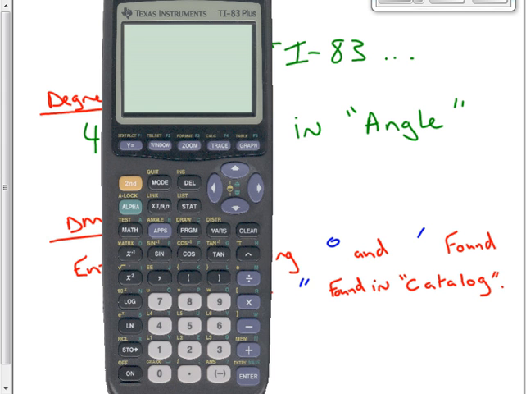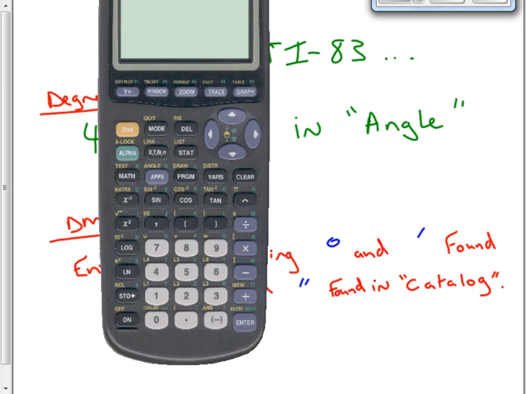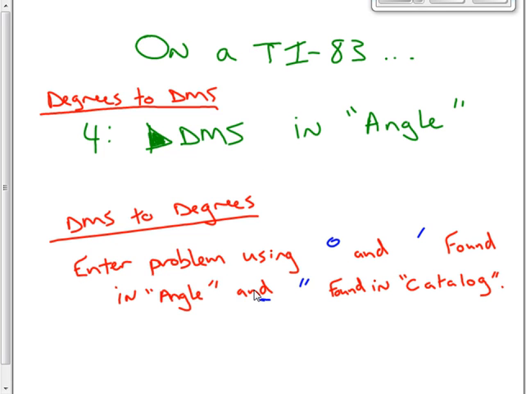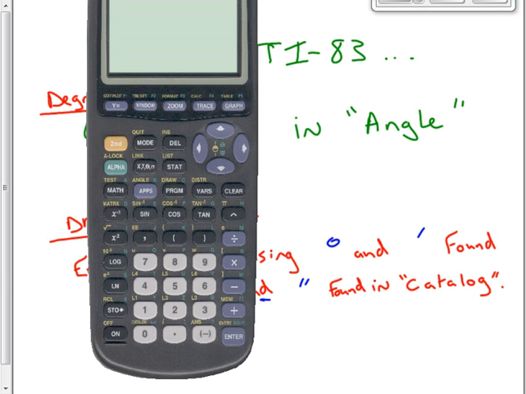You can also find the double hash right next to the degree symbol. The double hash is also right above the plus sign. So if you did alpha and then the plus sign, that would also get you the double hash if you were looking at entering it into the calculator.